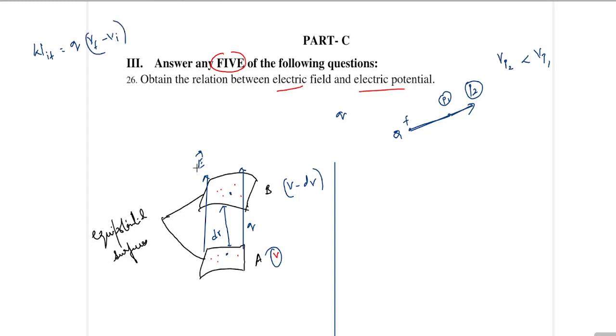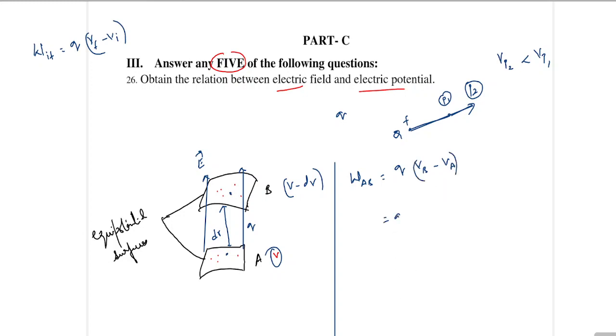Using the same property here, the work done to move a charge from A to B is Q into the potential at B, because that is the final surface, minus the potential at A, which is VA.